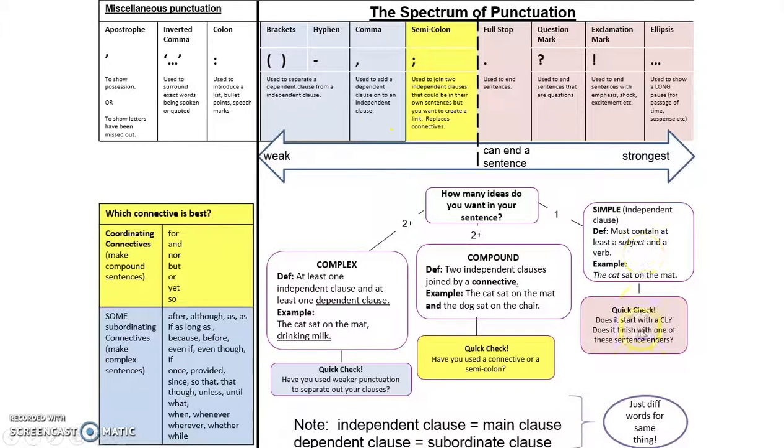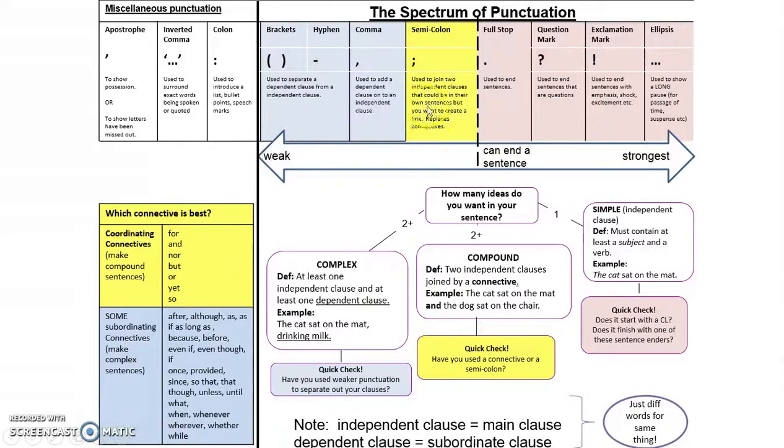So remember, we don't want to have just simple sentences, which end in full stops, because they get a little bit boring. We want to use a range of different sentence enders, remembering this is your strongest end. But we also want to use compound and complex sentences.